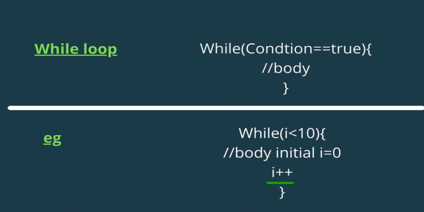In a while loop the increment or decrement operation is done in the body of the loop, and the initialization of the variable is done outside the loop, or we can say before the loop. Like here, I will execute the condition until i is not greater than 10.